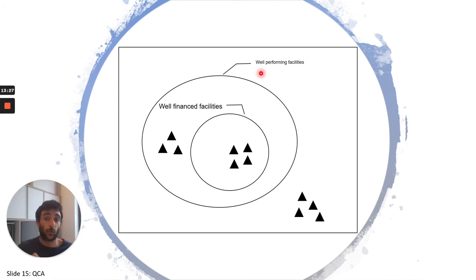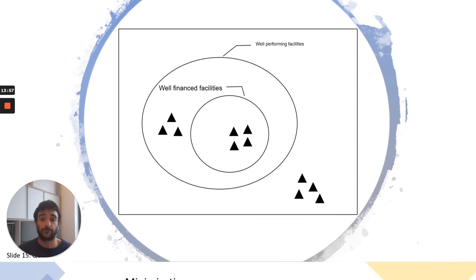If it's not well-performing, it is automatically not well-financed. So a well-performing facility is a necessary condition for it to be well-financed. The other way around, a well-financed facility is a sufficient condition for it to be well-performing. And so you see the interaction between set relations and how this can lead to causal claims, causal conclusions. Of course, they have to be based on empirical research and on theory to understand the causal direction.